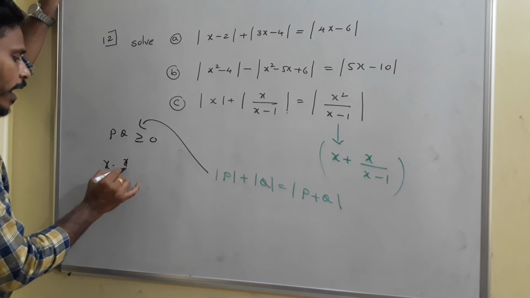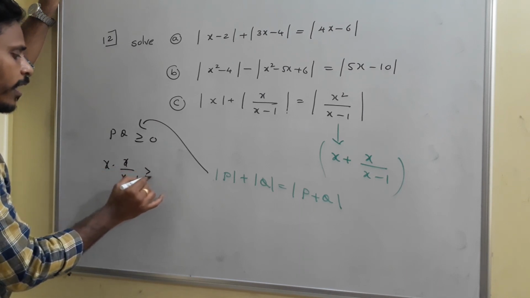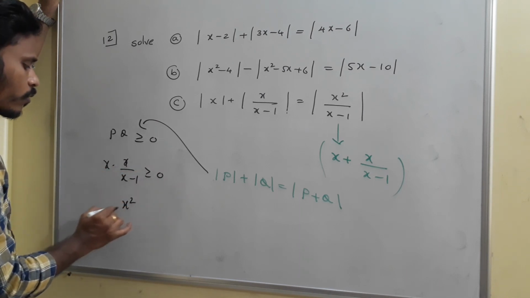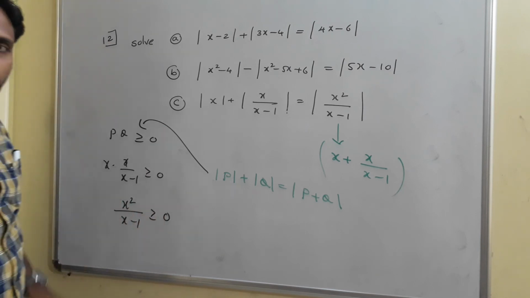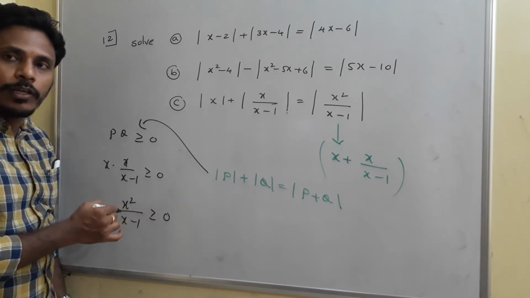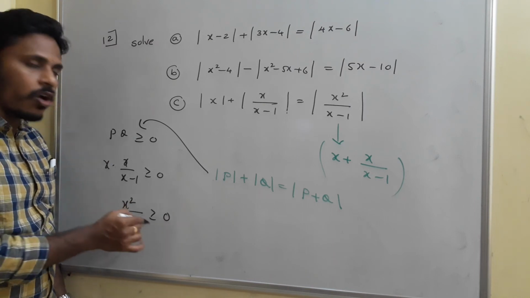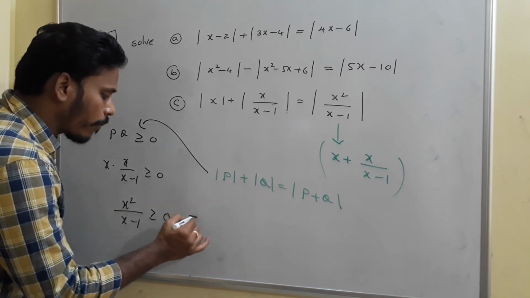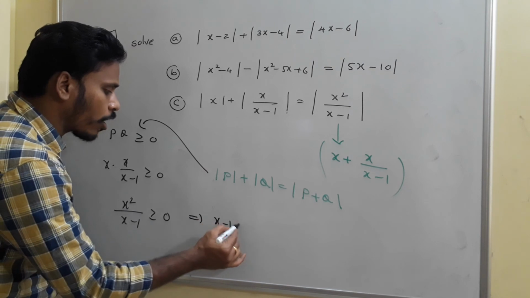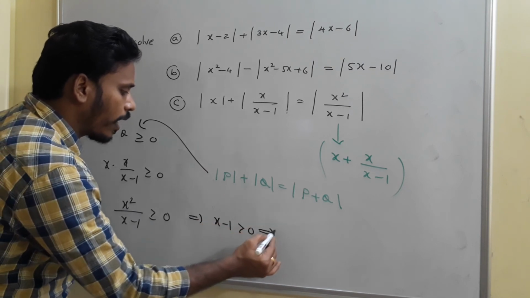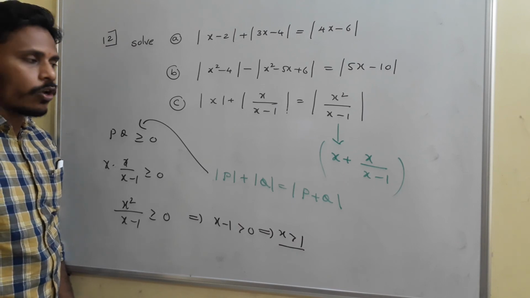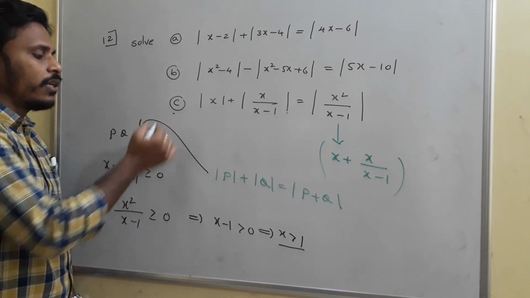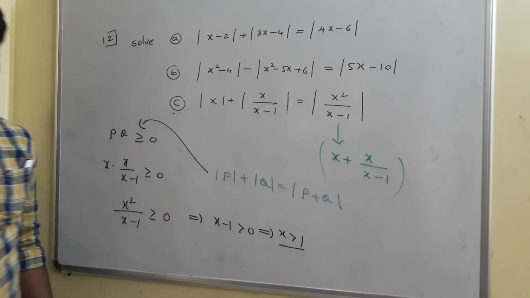And x times x/(x − 1) is greater than or equal to 0, so x²/(x − 1) is greater than or equal to 0. The numerator is always positive, so the fraction is also given as positive. From there it is very clear that x − 1 also should be greater than 0, and that x greater than 1 is the solution. There ends the problem. Okay. Just have a look, and for C your answer is x greater than 1.